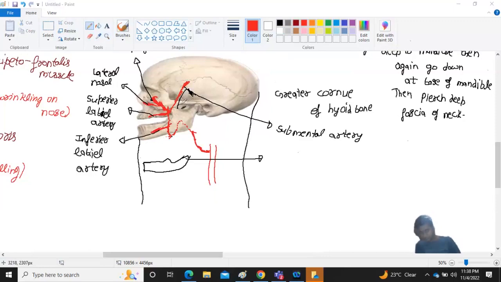Now there is another artery, another branch of the facial artery. We draw in a different pen. This is a different branch. We can say this is the tonsillar artery, which supplies the tonsil.